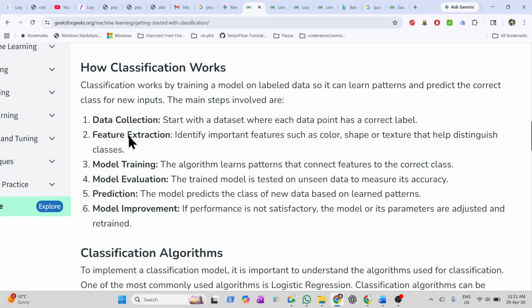Moving on to the next step, here it is all about feature extraction, which indicates that not all the features are important. In our last class we learned, when we understood the steps of data science, we were finding the correlation between the features, and we found that student ID is not correlated with the GPA.